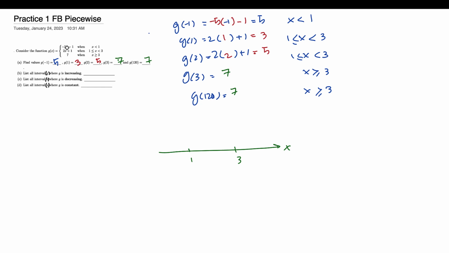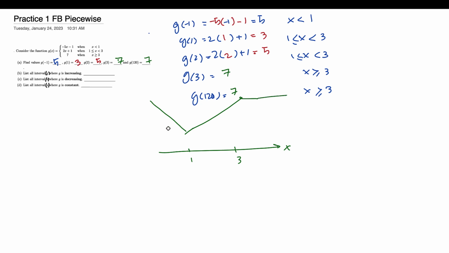It's a piece of linear function, and the slope is negative. So it sort of comes down like this. And then between 1 and 3, it sort of goes up like that. And then at 3, it basically starts becoming a constant function, 7, like that.